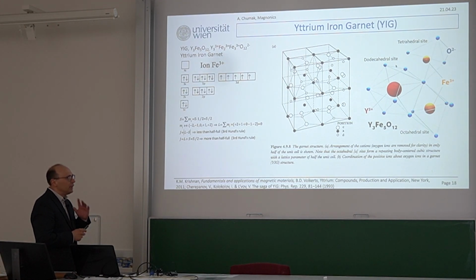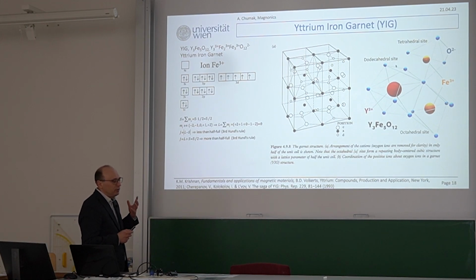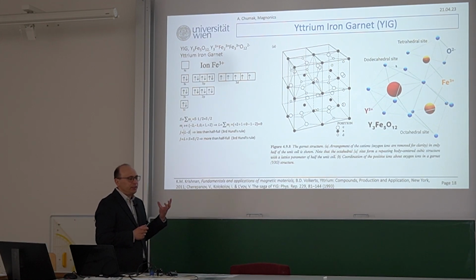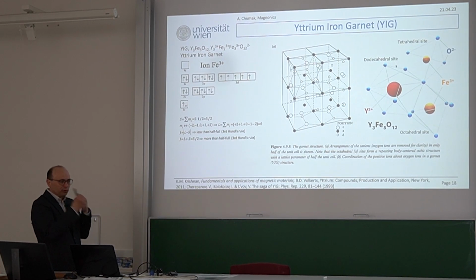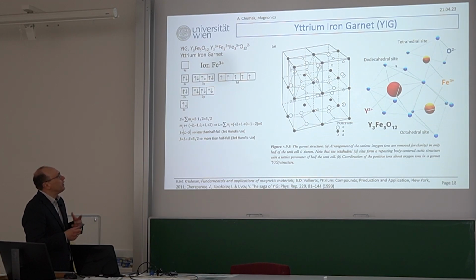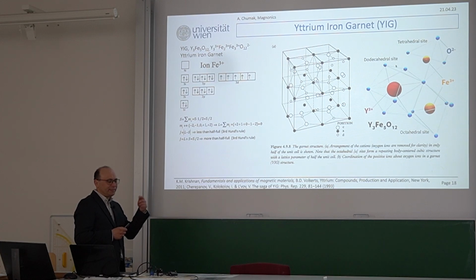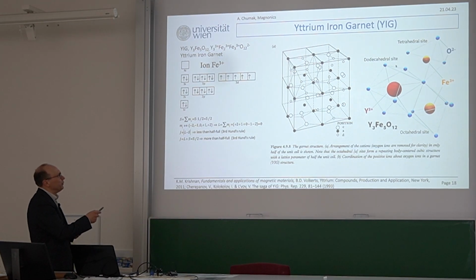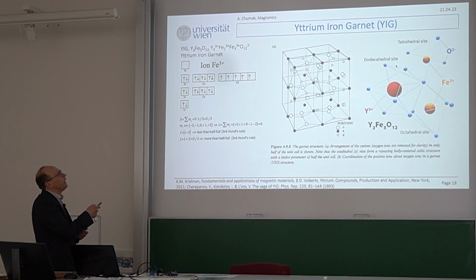There are no free electrons, so there is no problem. The second question is how energy from our magnetization precession goes to phonons. As we discussed, it goes through spin-orbit interaction. So we need to look at what the spin-orbit interaction is. In the previous slides, we discussed that the energy of spin-orbit interaction is proportional to S times L, the orbital momentum. Let us have a look at what S, capital S, is in this case for the Fe 3+ ion.